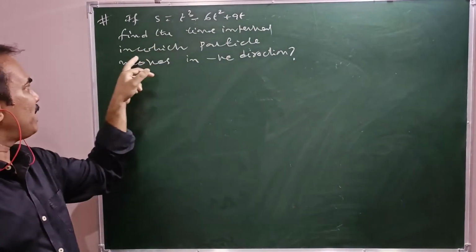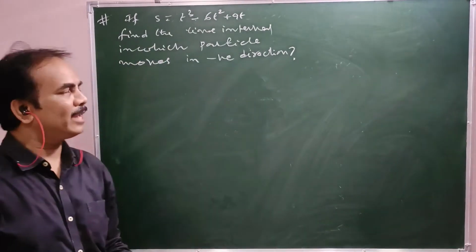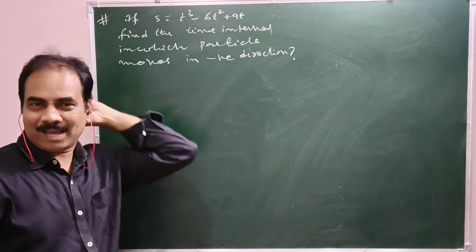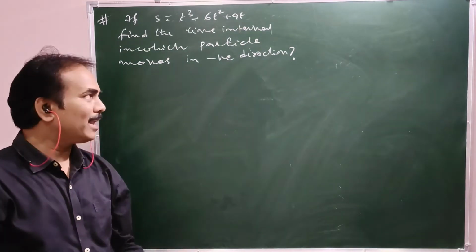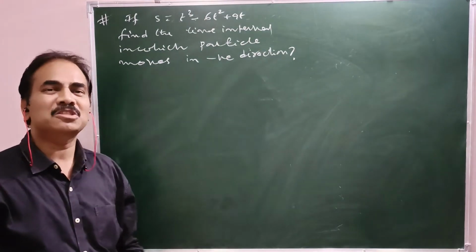Find the time interval in which the particle moves in the negative direction. You are given S equals t cube minus 6t square plus 9t. Negative direction in the sense that if the particle moves in the negative direction, velocity must be less than 0.